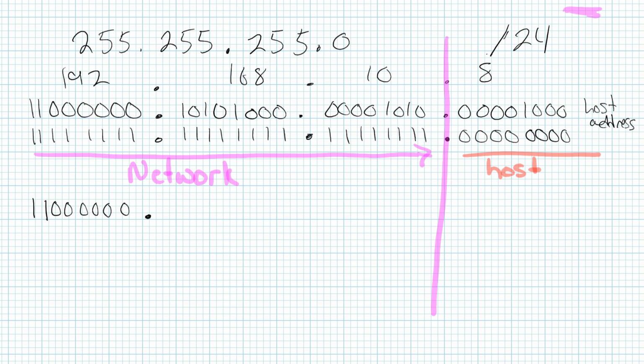And we're going to continue this process all the way through. 1 and 1 gives us 1, 0 and 1 gives us 0, 1 and 1 gives us 1, 0 and 1 gives us 0. So what you're seeing is the only time that you're going to get a 1 in the network address is when both values are 1s. If there's a 1 in the host or a 1 in the subnet, but not in both, we don't get it.